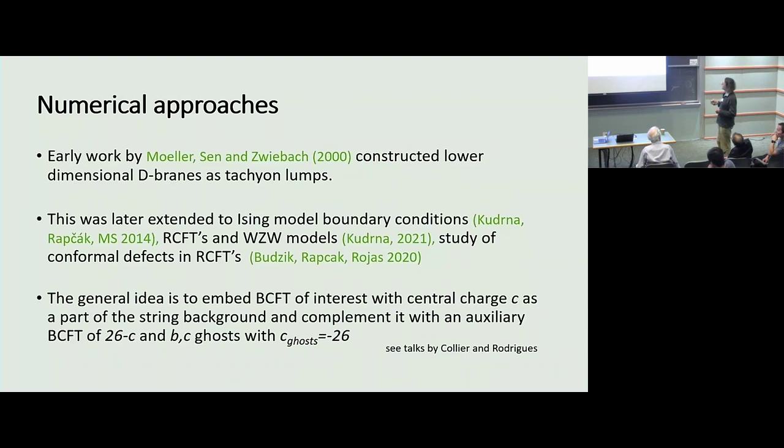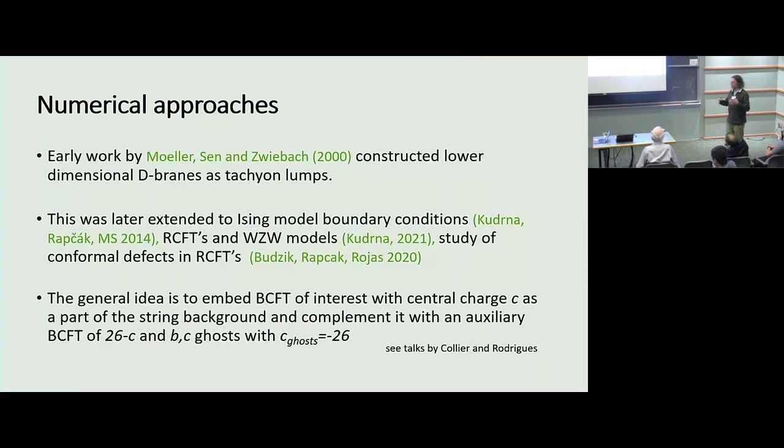And then Matěj Kudrna has done nice work where he analyzed the Wess-Zumino-Witten models, and a group at Perimeter studied this for conformal defects, and there are some very nice results there. So the general idea, if you want to study some concrete boundary conformal theory, has already been outlined in the first day talks by Scott Collier and Victor Rodriguez.